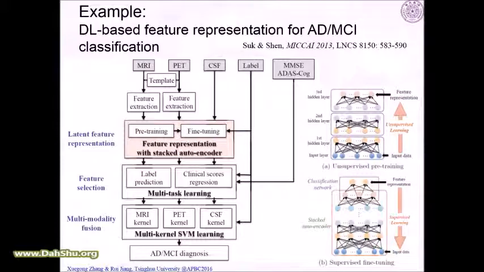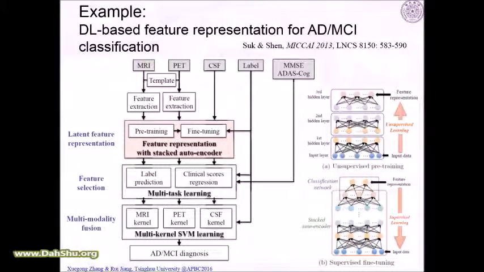And people have applied it on medical image data, multiple MRI images, PET images, and other images, using some pre-processing, and they use the stacked autoencoder to get the feature representation of the medical images. And they use a support vector machine to do a better classification of different medical images.